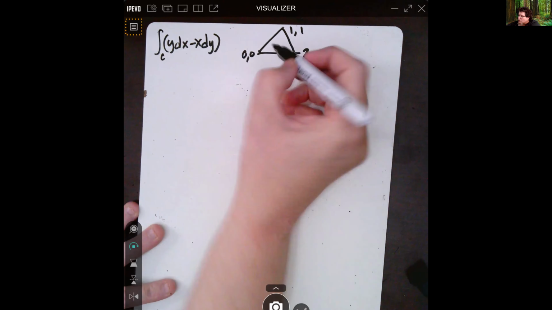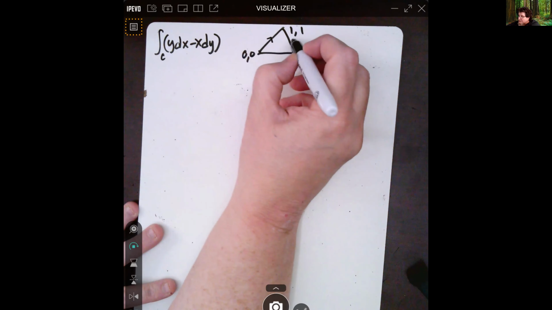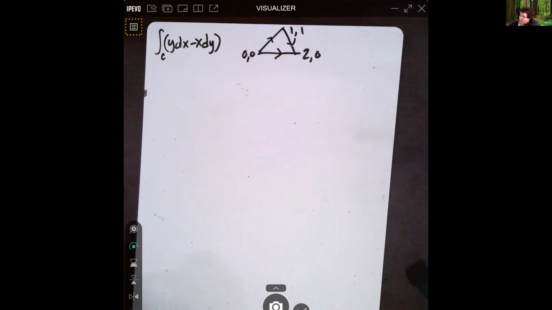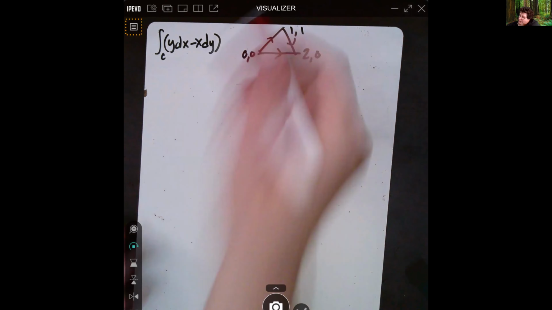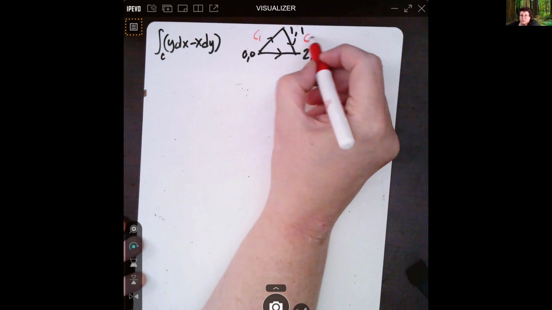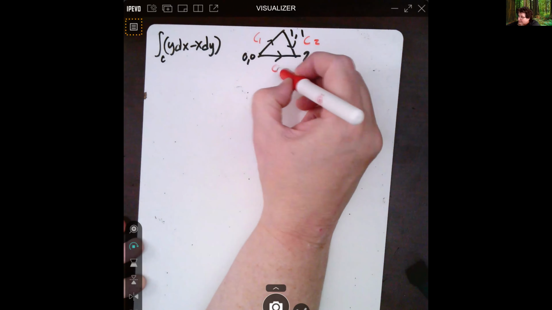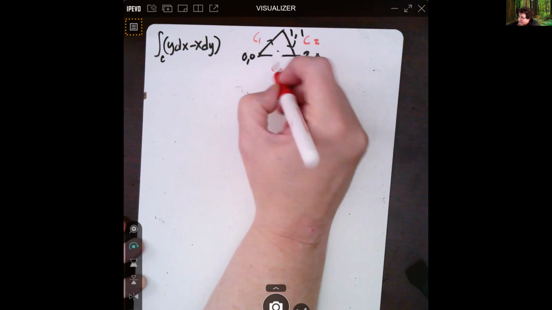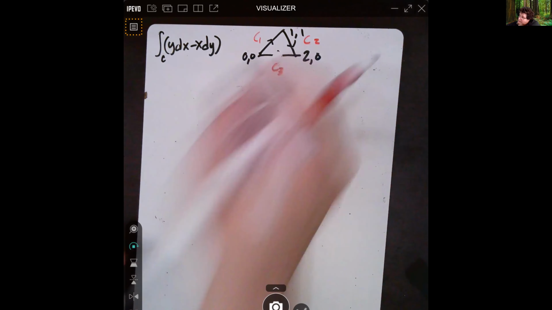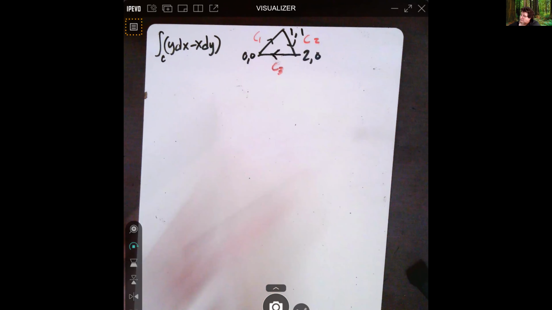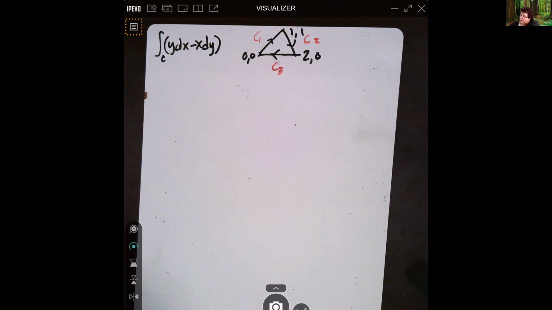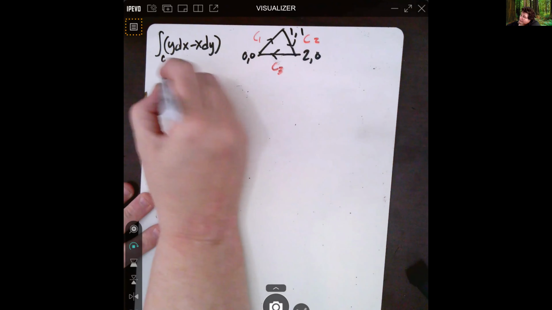So now we're going to go clockwise. So let's go this direction. I'll start at the origin. I'll call this one C1, this one C2, this one C3. I wrote the arrow going the wrong way there. For curve 1, we're going from 0 to 1.